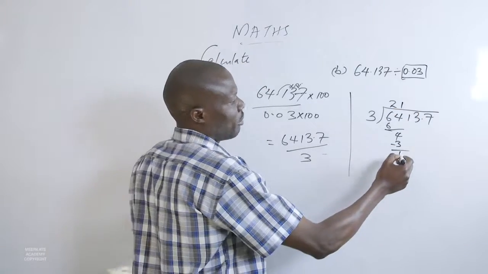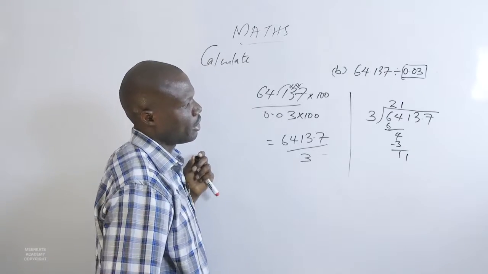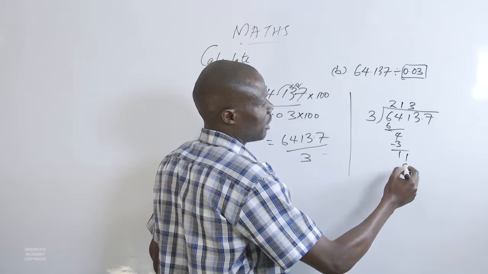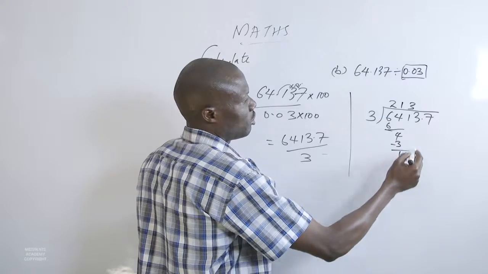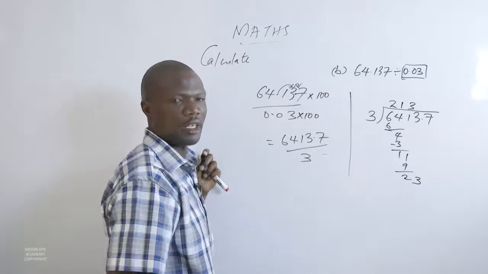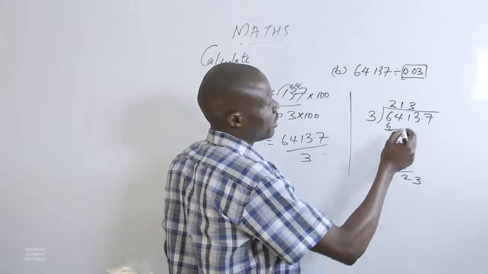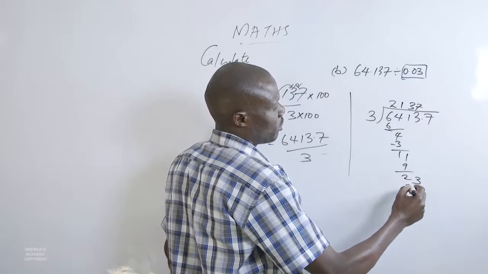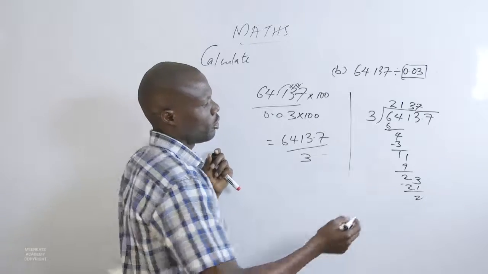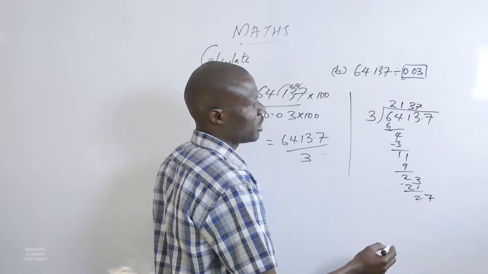Carry 1, we have 1 and 1 there. Then we have 11 into 3 is 3. This one gives us 9. Remainder 2, we bring in 3. 23 into 3 will be 7 because of 21. Remainder 2. So 2, we shall have to bring 7 to be 27.